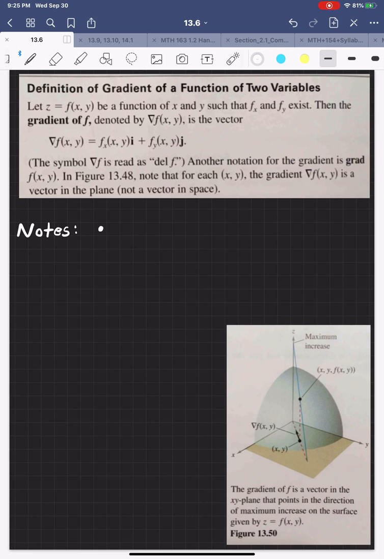Let's start with the symbol here. It is red, if you were reading that. Del, that little upside down triangle, del f.